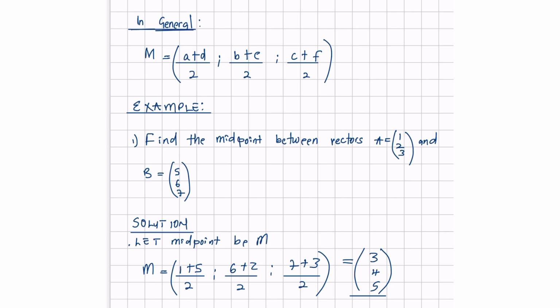So if we've got (a, b, c) as vector 1 and (d, e, f) as vector 2, the midpoint of these two is ((a plus d) over 2, (b plus e) over 2, (c plus f) over 2). Ultimately, this is what will give you the midpoint, which is M. These are examples that I was using to demonstrate to you. Your midpoint M, you write it as a vector as well.